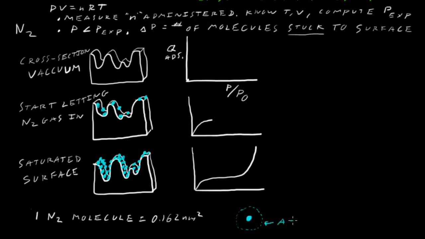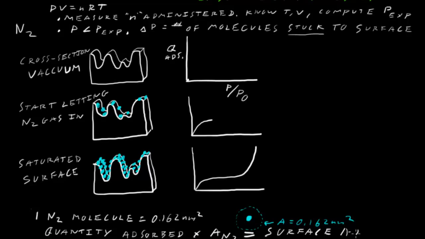So if we take the number of molecules that are stuck onto the surface and multiply it by the surface area per molecule, we get the surface area of our sample, if it were an ideal case. Unfortunately, it never works out that nicely.